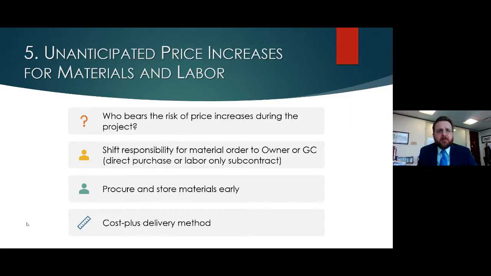Another practice pointer, in your proposals, today more than ever, it's important to include an expiration date. Your proposal is only good for 30 days or however long you're able to lock in your prices. Another tip on your proposals is state on the proposal your anticipated work dates.